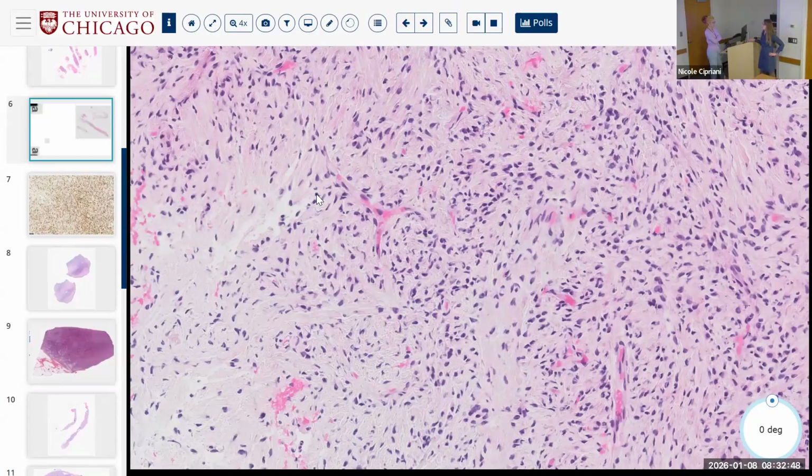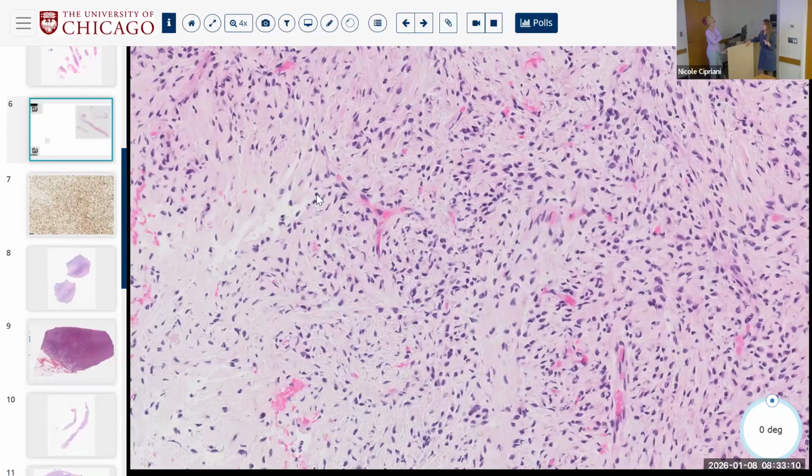In SFT the nuclei are maybe a little more blunt and ovoid. These are a little more spindly and crushed, so not thinking so much SFT, but could be. And the other marker for SFT is STAT6, which could come up on your differential for a low grade, collagen-rich spindle cell neoplasm.